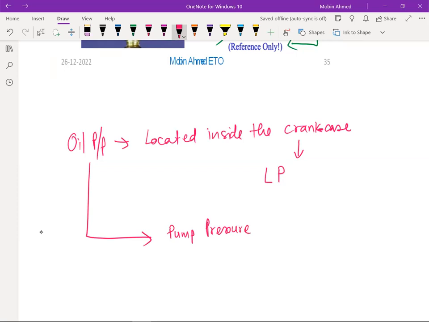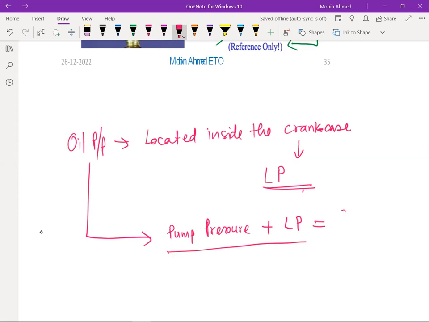Now, already it is having the LP pressure, so pump pressure plus the LP, because the suction pressure is there, so this LP is going to be combined. And if we put the gauge to see whatever the oil pressure is, it will show the pump pressure plus the LP both.